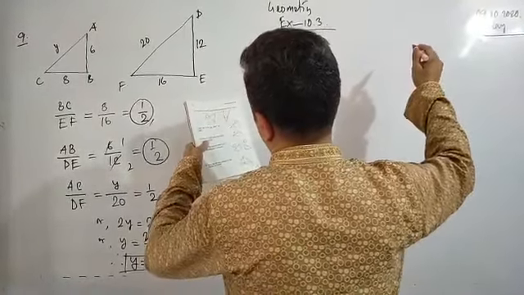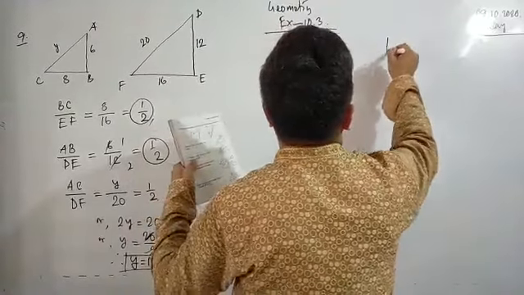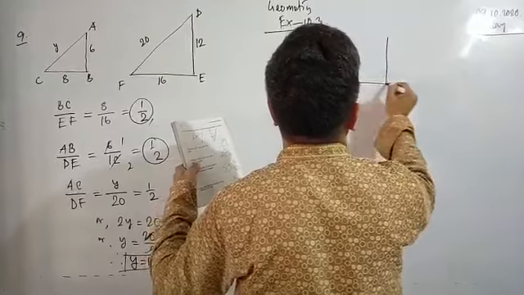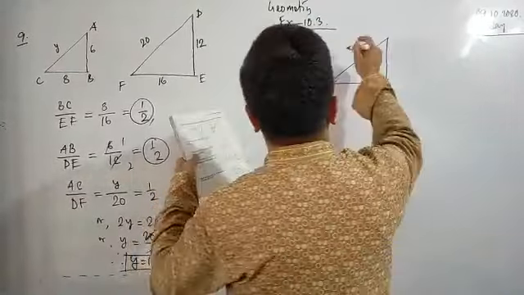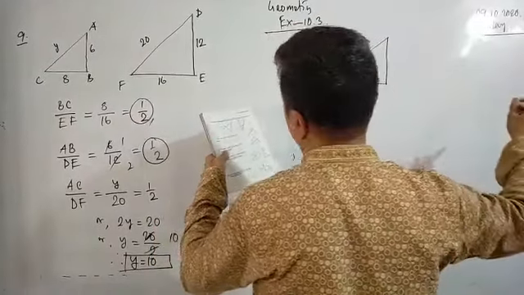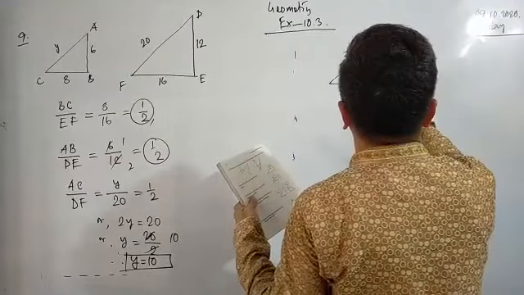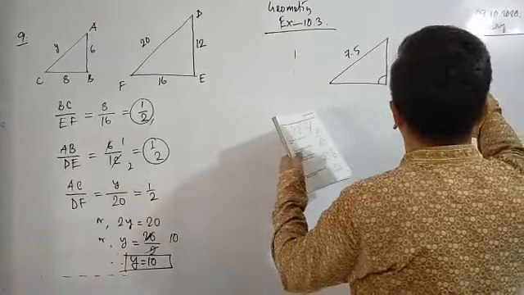First, look at that here. This one is 7.5. And another triangle, this one has an indication given here, and another one we have given.